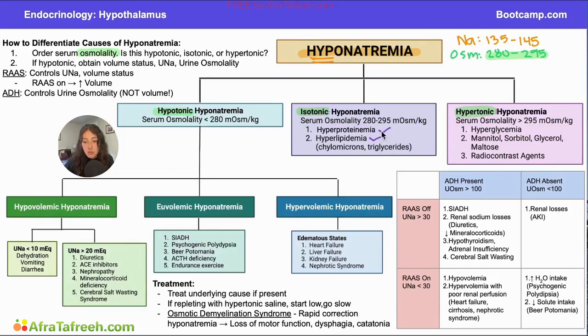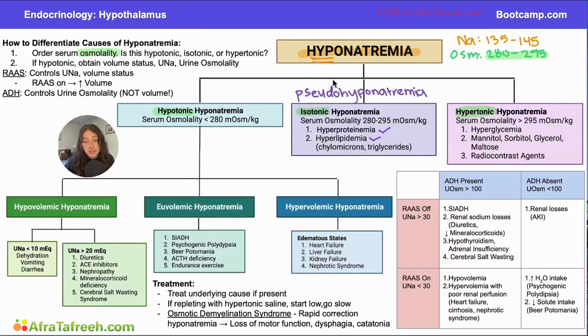And both of these are going to lead to a reading of hyponatremia, so sodium less than 135, because if you have too much protein or too many lipids in your blood, it's going to mess with the machines that we use to auto-analyze the amount of sodium in the blood and cause them to read out something that may not be entirely accurate, but will read as low sodium. And because this is kind of fake news, you may not actually have low sodium, but the machine is just confused because of all the protein and the lipids.